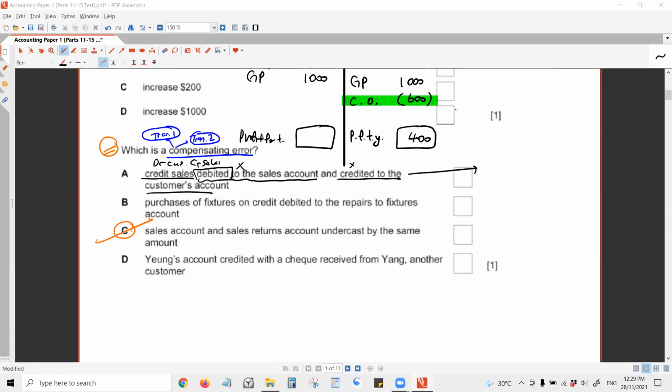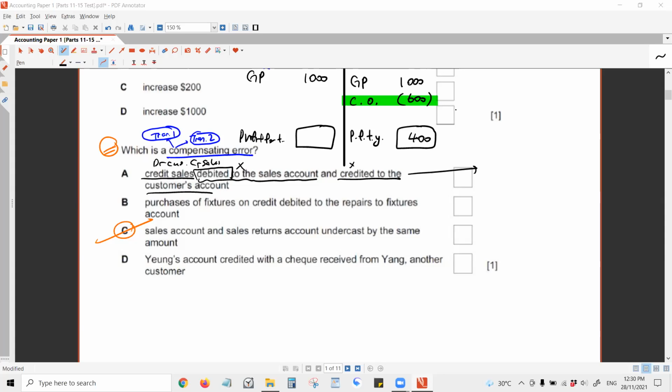Yes, good, Kelly. Okay, anybody else wants to try? First one is what error? I guess you cannot remember the name of the error. That's the problem. Okay, you see, in paper 2, they may ask you to name the error.